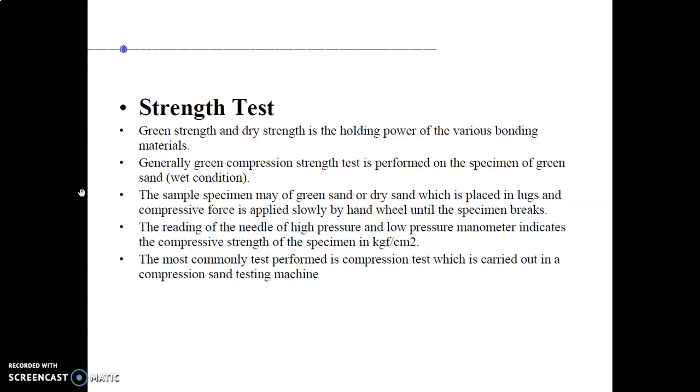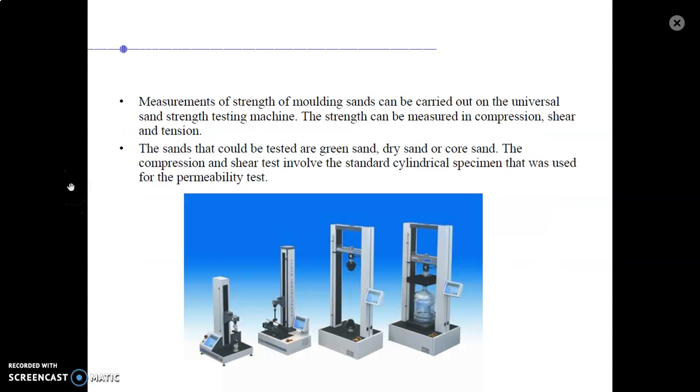The most common test performed is the compression test, carried out in the compression sand testing machine. You can see it's a very simple test. You just prepare the specimen according to the standard, then you can conduct the test in the compression sand testing machine.